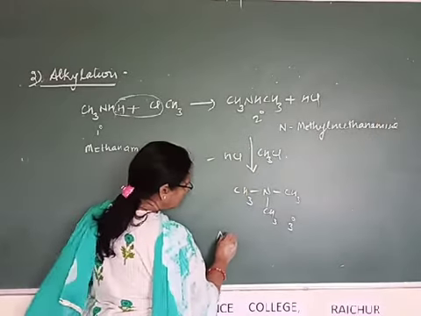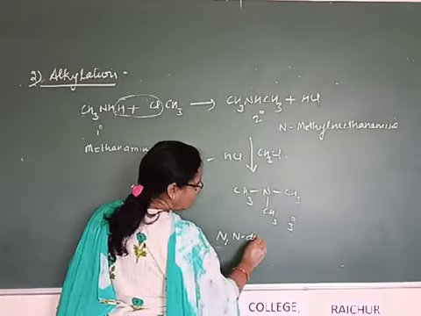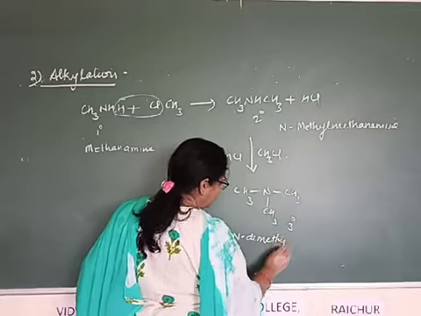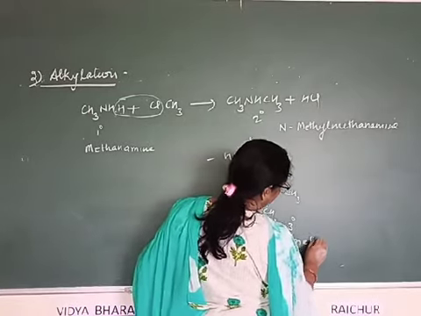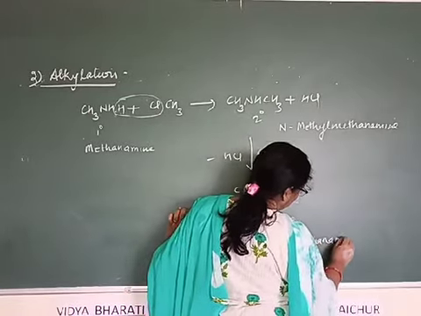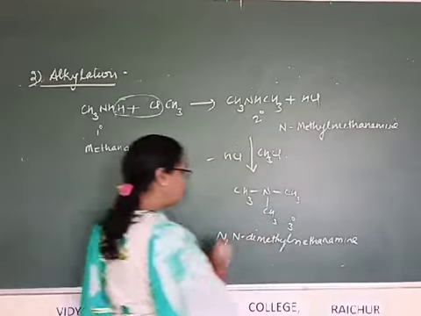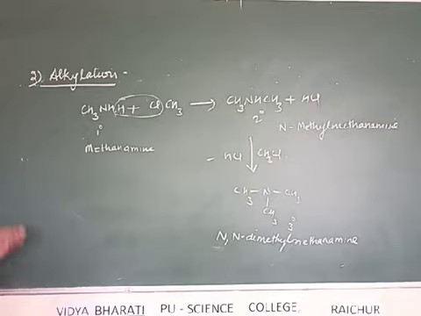And this is N,N-dimethylmethanamine. Okay, so this is how alkylation takes place. Similarly, you can do alkylation for any compound.